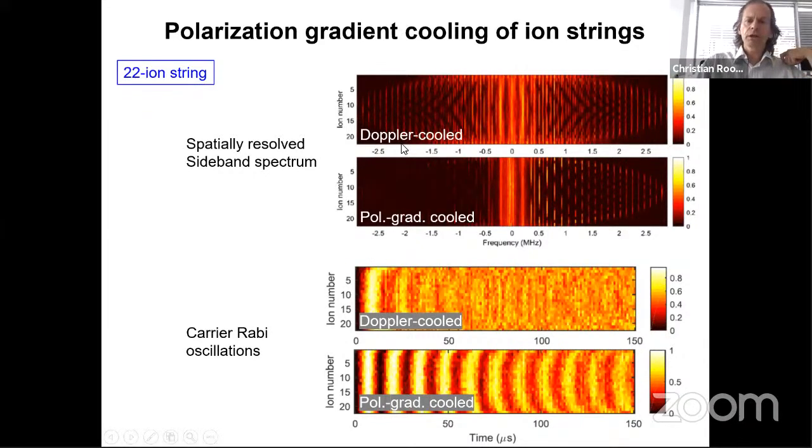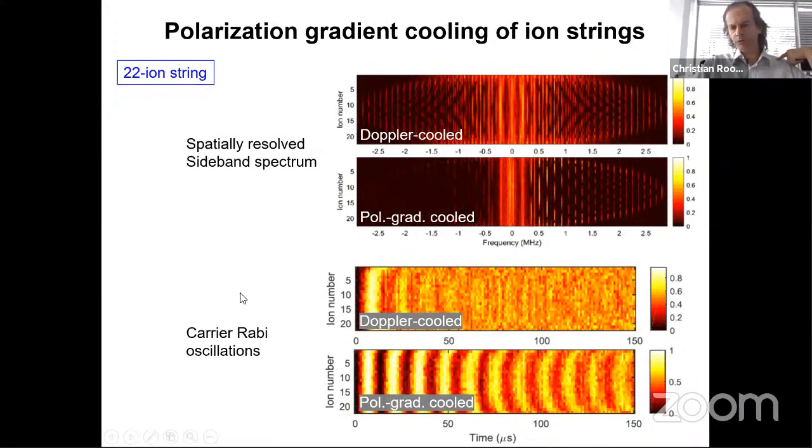And if you have a Doppler-cooled ion crystal, you can see both the red and the blue sidebands. After polarization gradient cooling, the coupling becomes anisotropic, which means that all of these modes are cooled at least pretty close to the ground state.